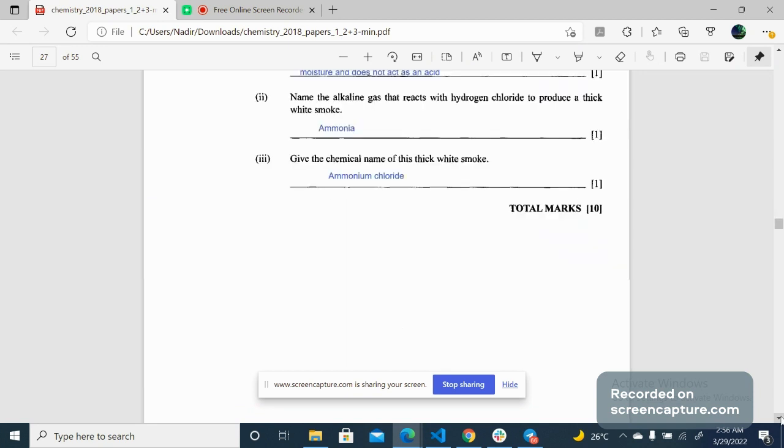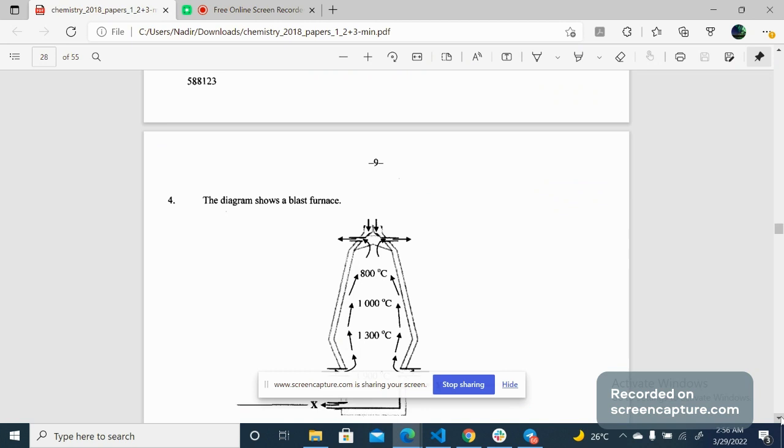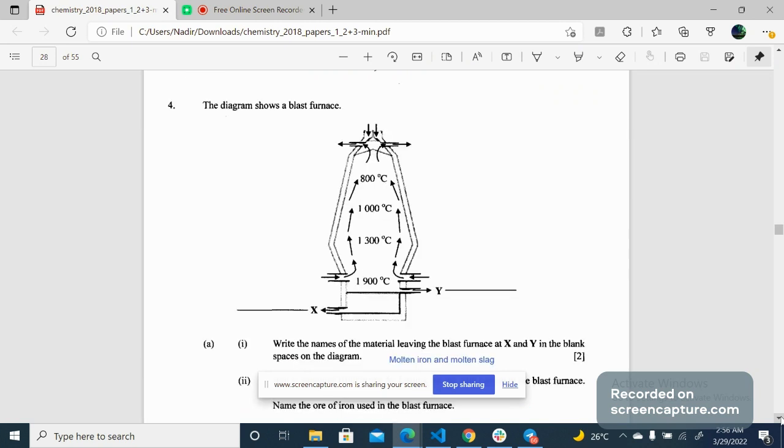Okay. Now moving on to the next question, question number 4. We have been shown a blast furnace diagram. Here we see various levels with different temperatures at each level, and some inlets and outlets down the diagram, and also up the diagram there are some points from where something is coming out and some where something is coming in.